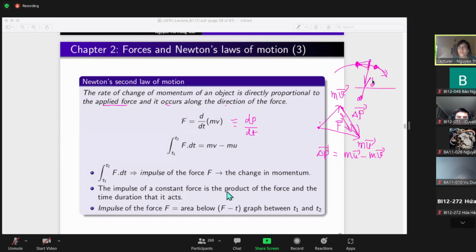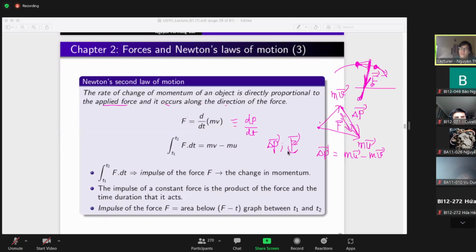So this one is the direction of delta p and also the direction of the force. And this force is called the centripetal force. The centripetal force has the direction of the radius of the circle, directed to the center of the circle. Okay. So remember that delta p and the force have the same direction.